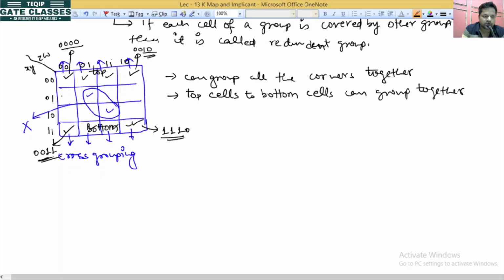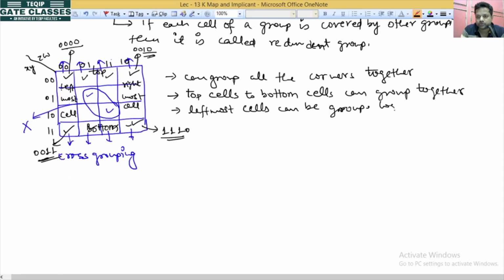Now the leftmost cells can be grouped with the rightmost cells.